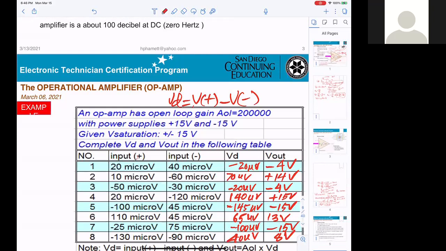But if the open loop gain times the differential input is less than the supply voltage, then the output voltage is the differential voltage times the open loop gain. So it's like you're bouncing between two walls. As long as the input voltage difference is small enough to stay between the two walls of the supply voltage, then you're good. But as soon as you increase it, you hit the wall.